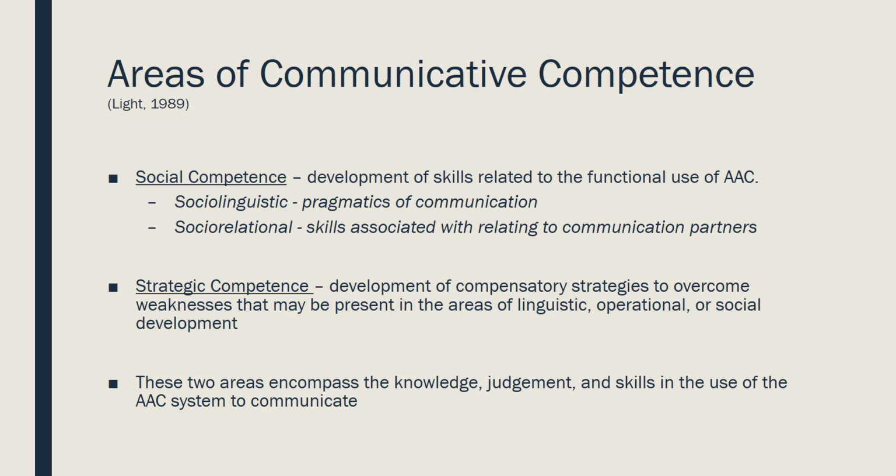Things like conversational turn-taking, maintaining a topic, using communication for different purposes, and more. The second area is socio-relational, which is the communication that facilitates building relationships with others, such as participating in conversations, having an interest in communicating with a partner, etc.